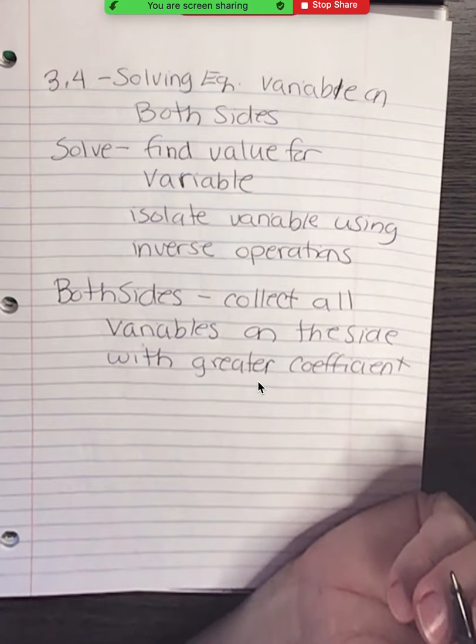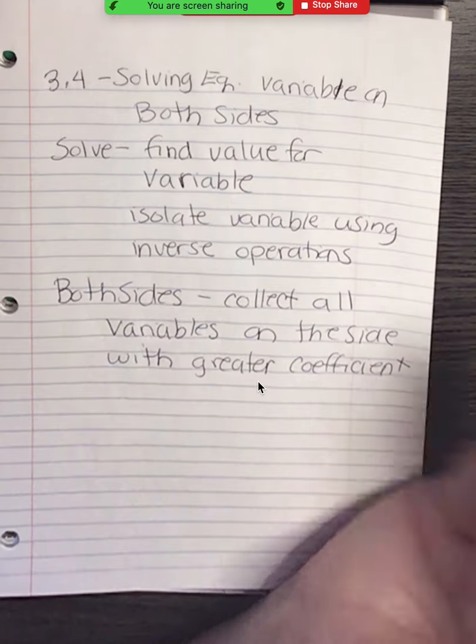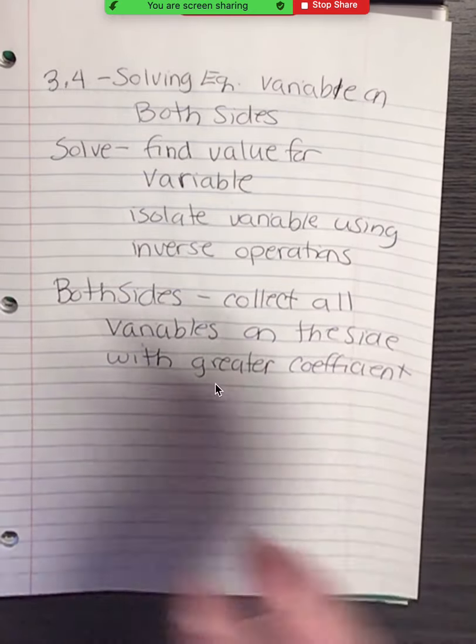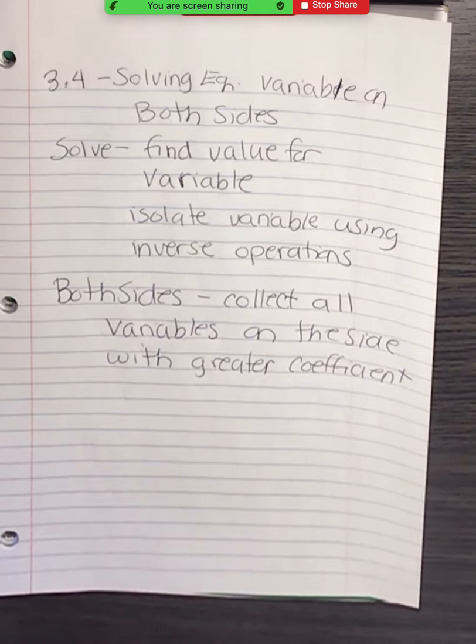And then once the variables are on the same side of your equation, you solve like you did prior to this. Okay, so this is just adding the fact that variables can be on both sides of our equation.